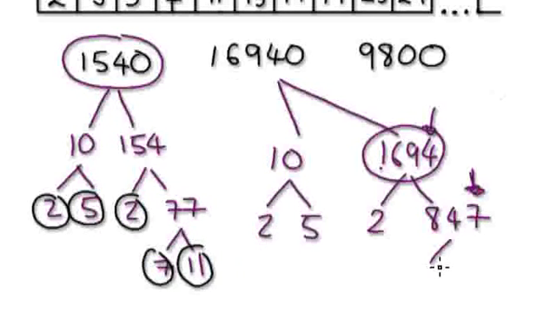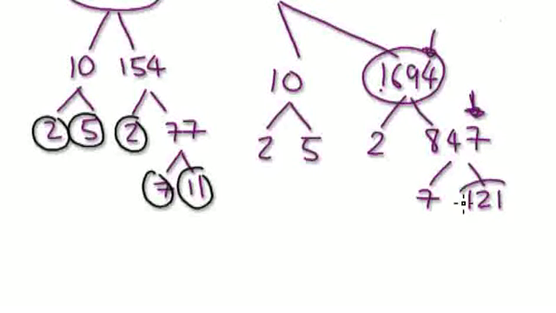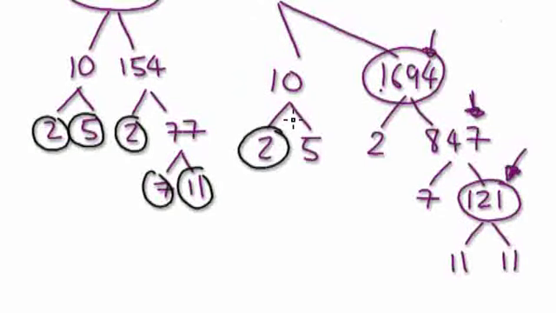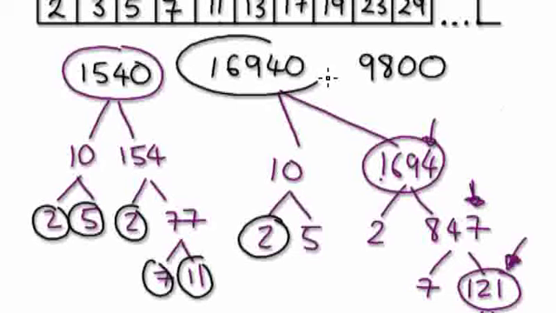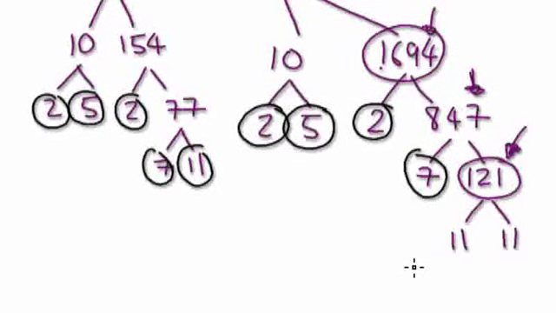So I can visualize 847 as 7 times 121, and I recognize 121 as 11 times 11. The reason I know this is because I'm familiar with my times tables. So here we've just broken up this number as a product of primes. All these are primes.